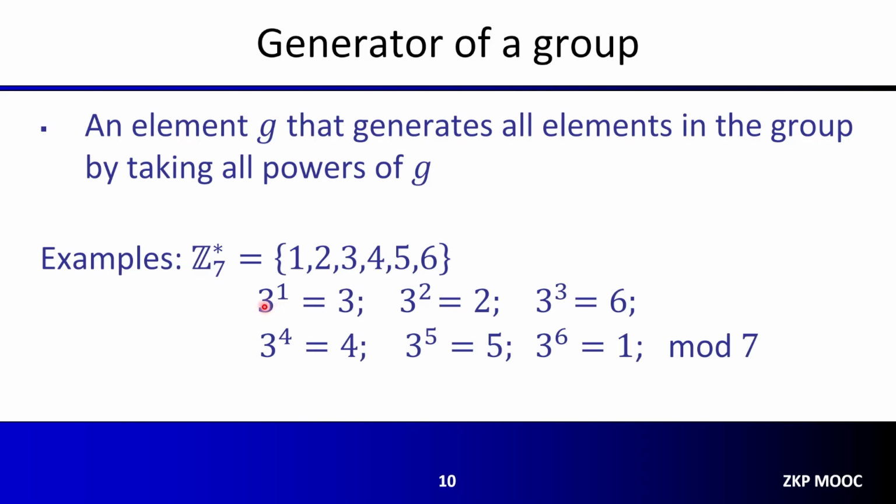You can see here that if you take all the powers of 3, and of course the computation is always done modulo 7, it iterates through all possible elements, 3, 2, 6, 4, 5, 1 in this group. So because of this, by the definition, 3 is a generator of this multiplicative group Z7 star. By the way, there usually exist multiple generators, and they can be efficiently computed and sampled in practice.